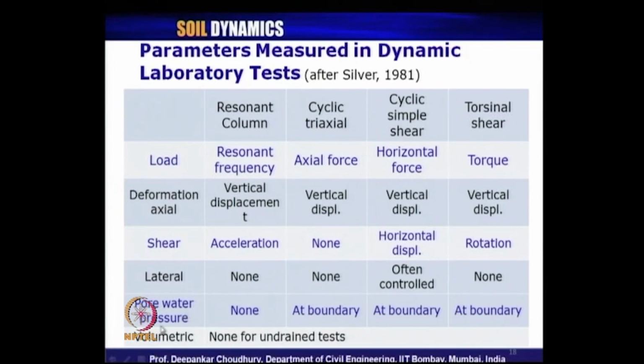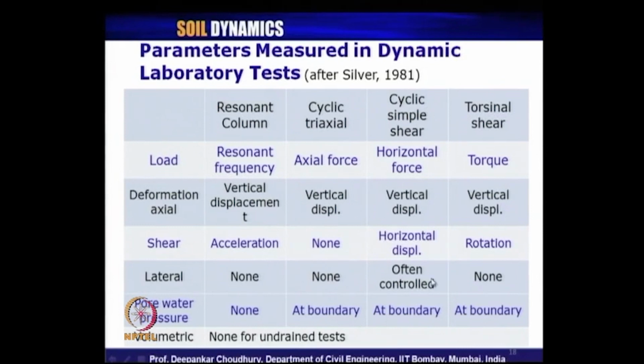Regarding the measurement of pore water pressure, in resonant column test we do not have any scope to measure the pore water pressure, whereas in all other three tests, that is in cyclic triaxial test, we can measure the pore water pressure at the boundary of the soil sample.